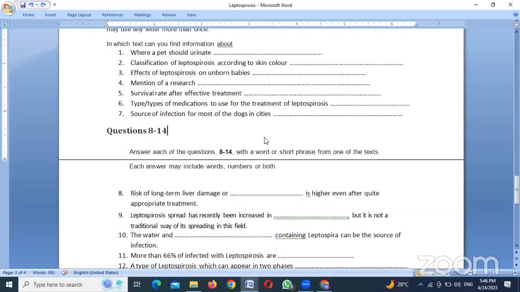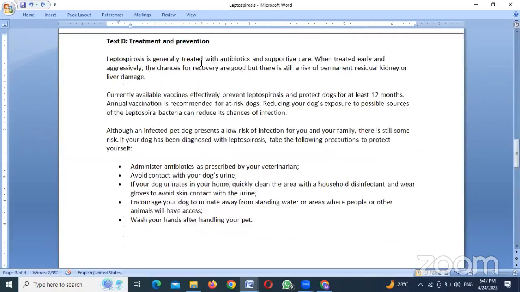Okay, so now let us take Dr. Zartash. Yes, doctor, please. I have a question here. Because they put like type or types, is antibiotics plural, singular, or what? What the examiner is doing is, if I only write type, then most of you will give only one answer.